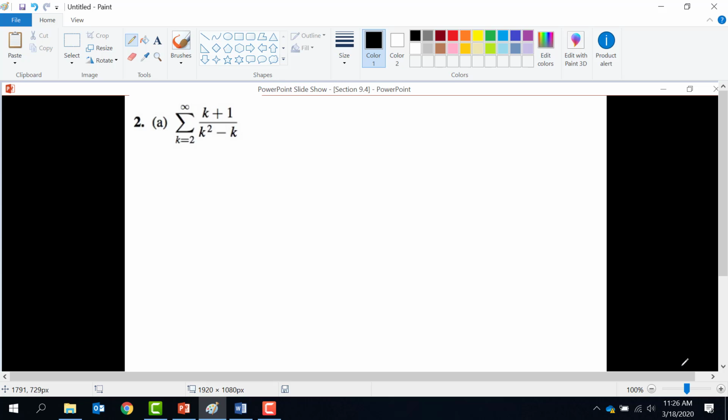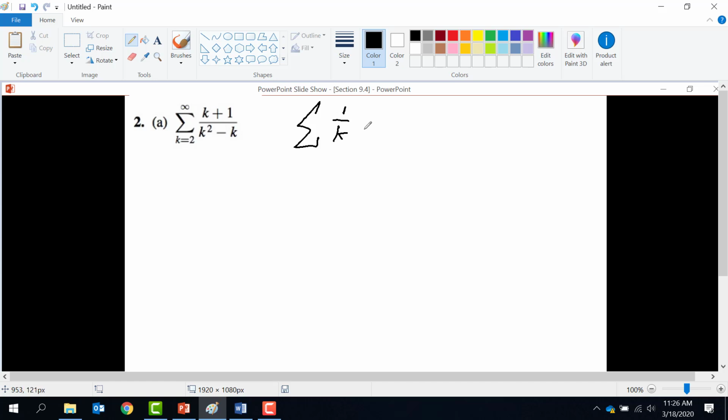So we've made the guess that we're going to compare this with k over k squared, which then simplifies to 1 over k. And so then we have to go and show that the terms of this series are actually bigger than the terms of this series right here.